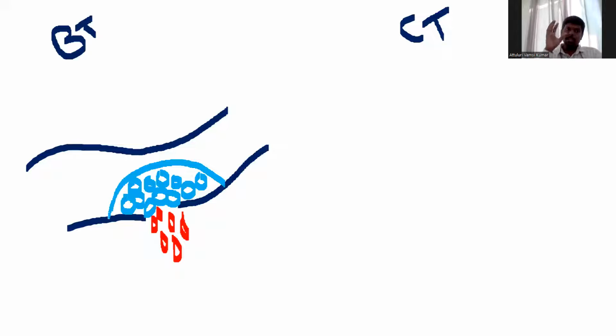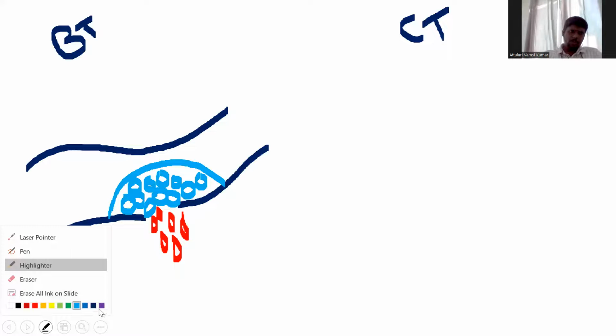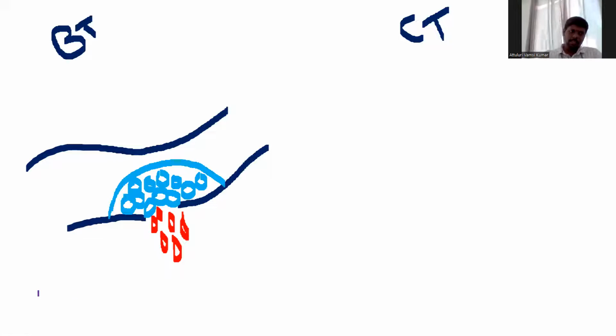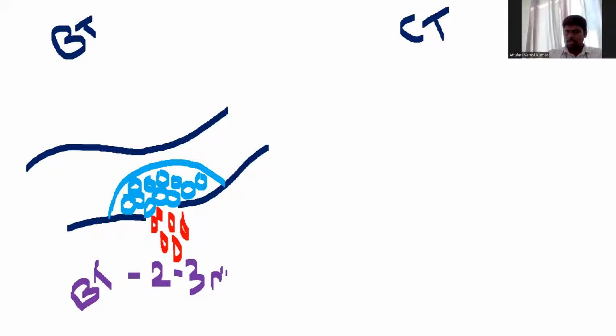This is just a temporary stoppage of bleeding, but not a permanent solution. Keep in mind. This phenomenon is called bleeding time. Bleeding time will be in some minutes, let me say 2 to 3 minutes. So within 3 minutes our bleeding will stop, right? In reality also. So this is called bleeding time.